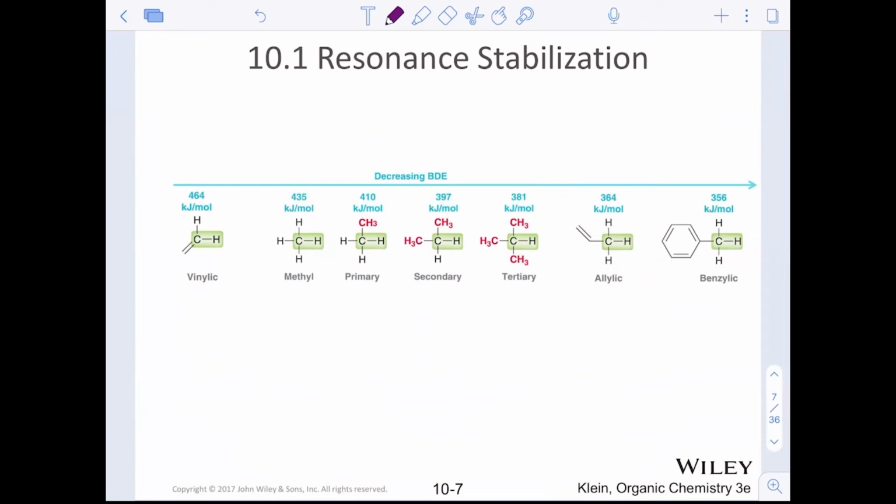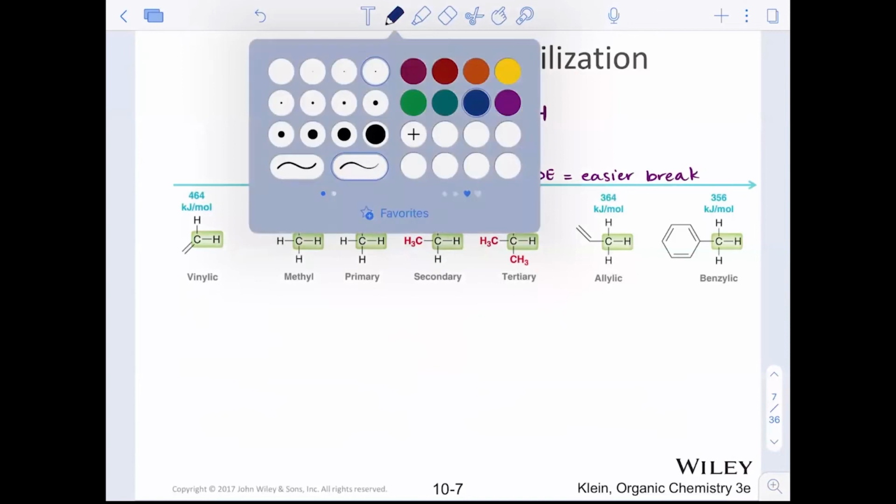We're looking at bond dissociation energies here. Now, what does decreasing bond dissociation energy mean? The lower the bond dissociation energy, the easier the bond is to break. What we have to think about is that all of these carbon to hydrogens are being imagined to break homolytically. Just imagine that is what the bond dissociation energy means.